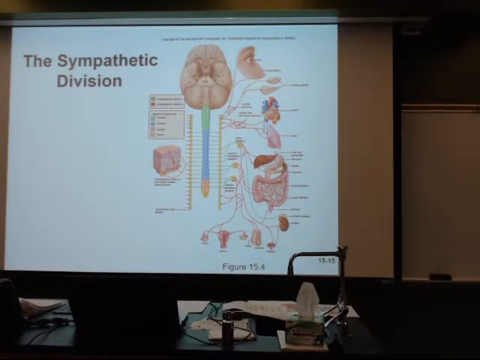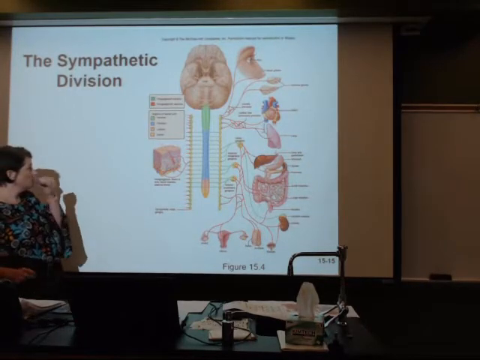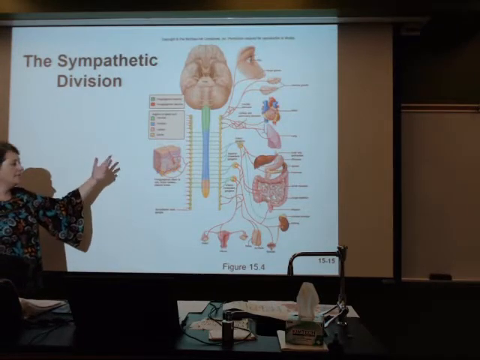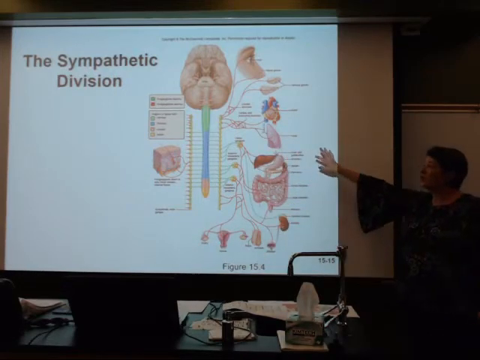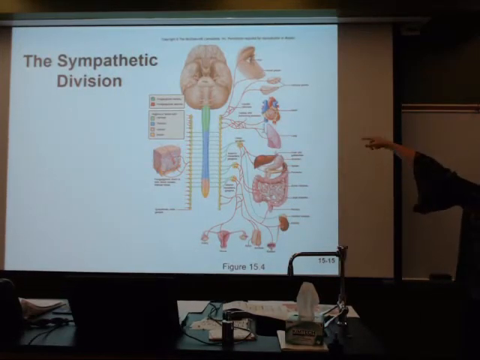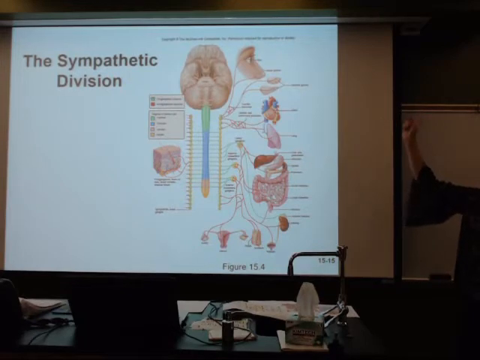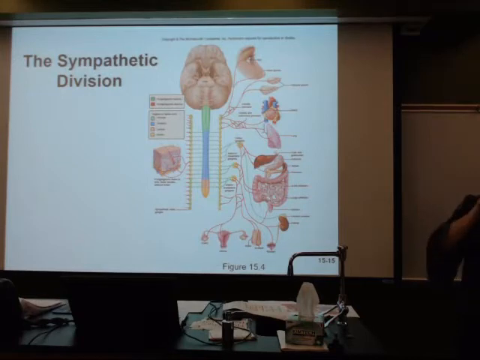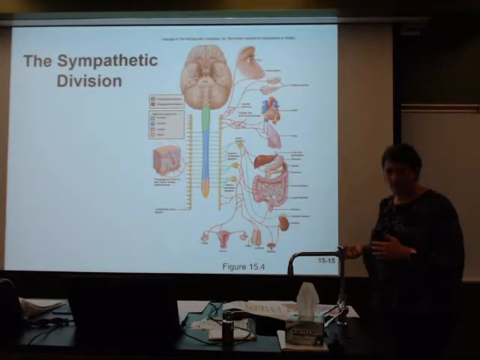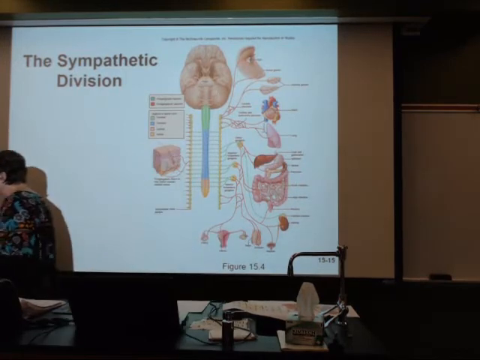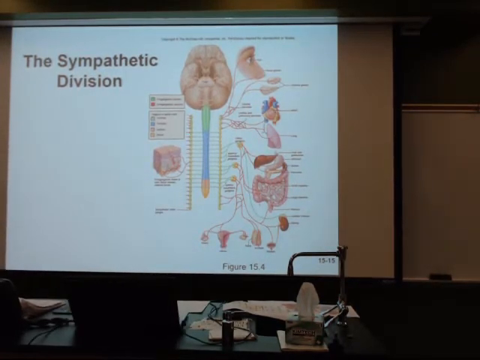And then, based upon what we're looking at right here, it's letting you have an idea of the areas of the body that are served by this division. Okay? Autonomic nervous system, the two divisions, sympathetic, parasympathetic, and what they are innervating. So, that is where we left off, I think, on Thursday of last week.